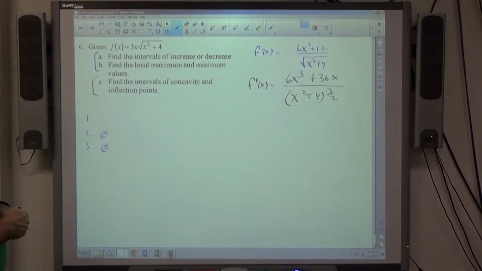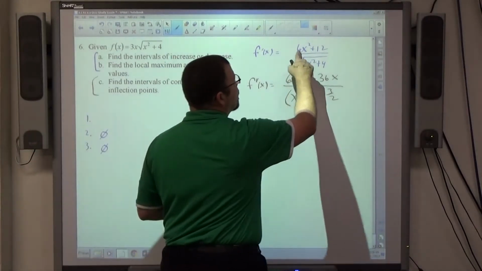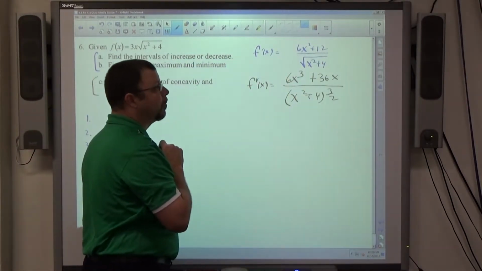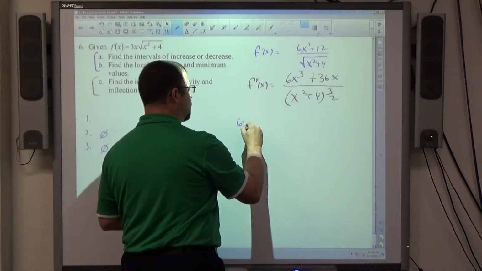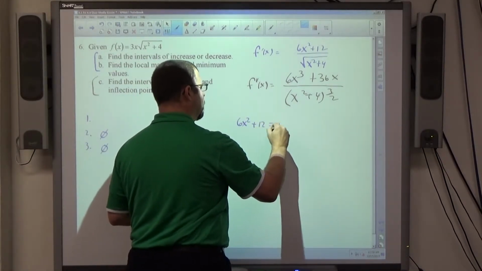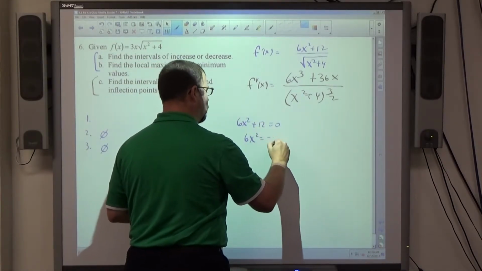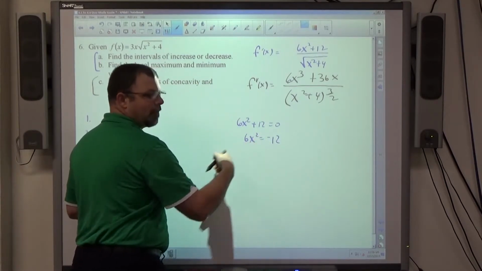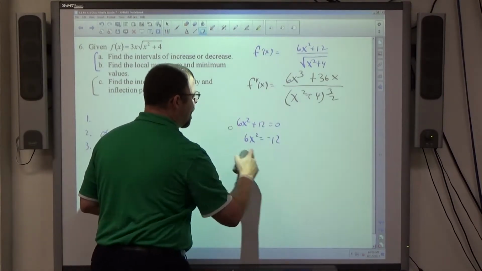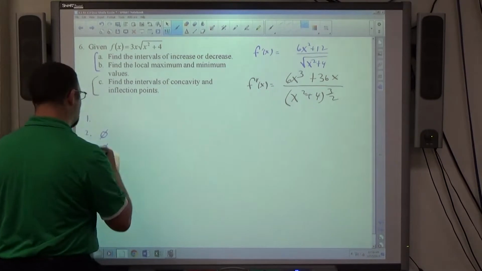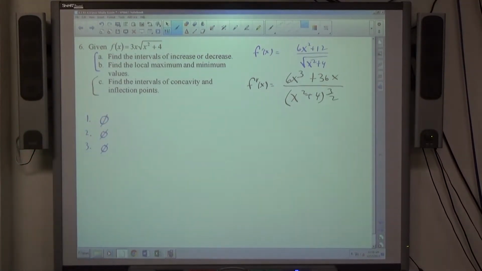The only place we have to worry about is the top. 6x squared plus 12 also does not equal 0 ever. If we tried it out, 6x squared plus 12 equals 0 means 6x squared equals negative 12. You can't make a negative number from a square, so it's not possible. So there are no critical numbers for the first derivative. Altogether, all three criteria fail, so there are no critical numbers.